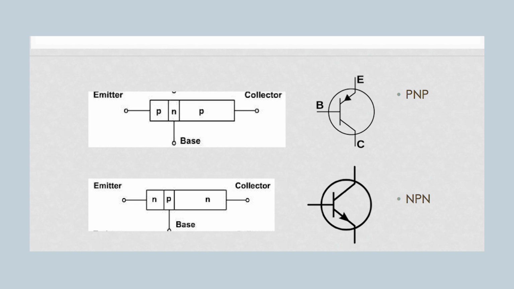The arrow will always be at the emitter side. Here the term bipolar indicates that both the carriers, electron and hole, contribute in the flow of current.